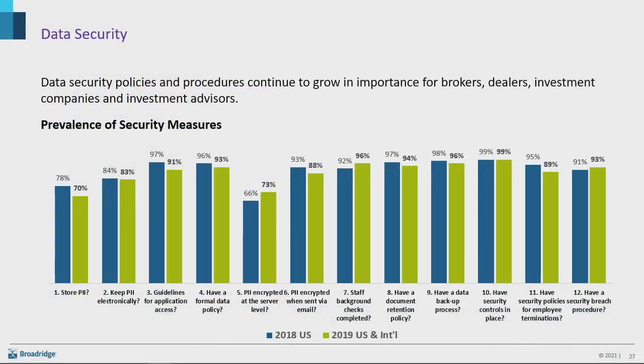So the next area that I wanted to do a bit of a deep dive in is related to the security process here. We spend a lot of time as part of our due diligence process looking at documentation, making sure that the appropriate processes and procedures are in place to protect the privacy of client or plan data.